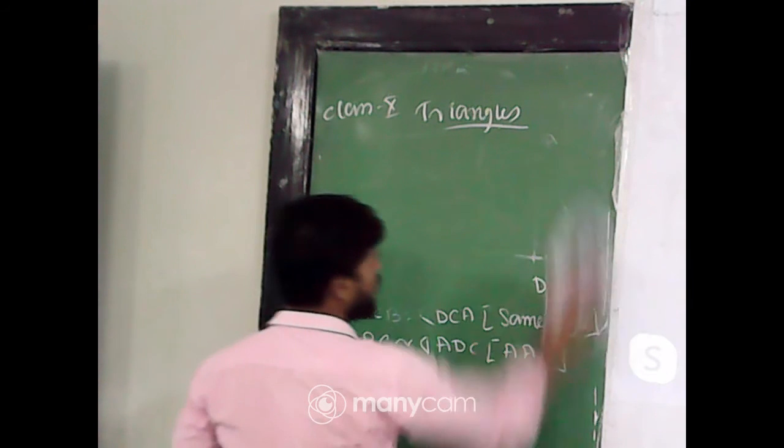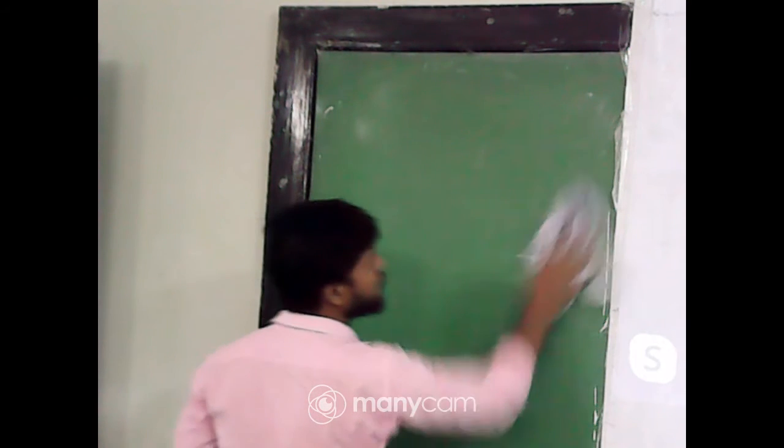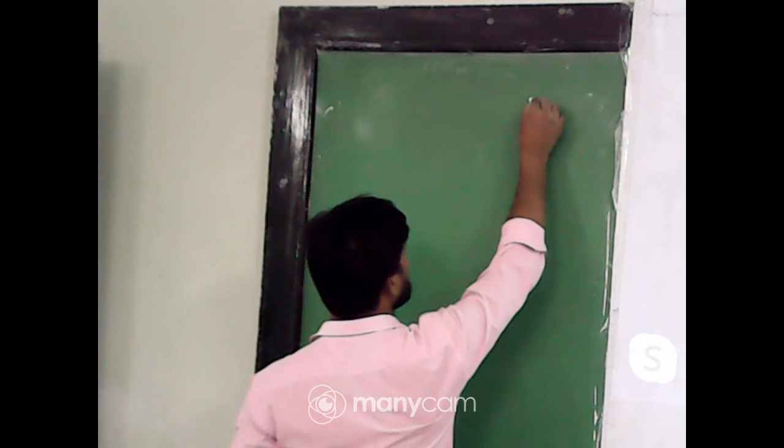You just read the questions. So, question number 14 says that the sides AB, AC and the median AD of a triangle ABC.